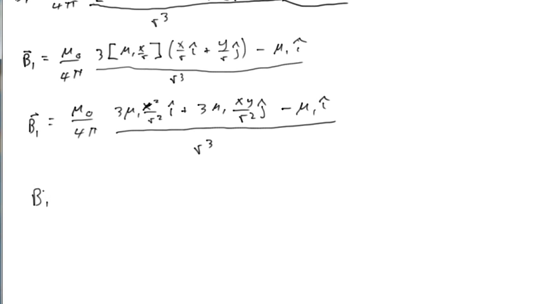So B1 equals, looks like there's a mu1 in everything. So I got mu0 over 4 pi mu1. I'm going to gather the i's together, so without the mu1 I've got 3, and I'll divide this into here, so that'll be an x squared over r to the 5th.